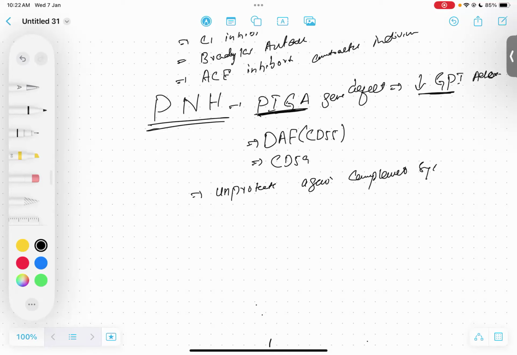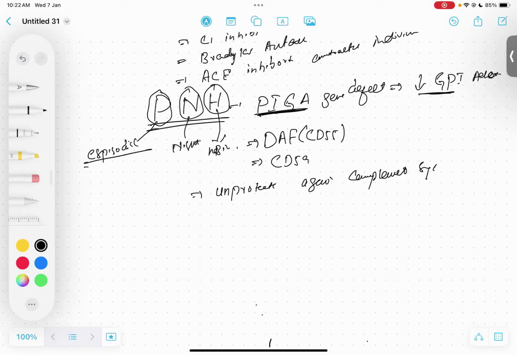So it only occurs when the complement system is activated, and I have told you that it is called paroxysmal nocturnal hemoglobinuria. Paroxysmal means episodic, nocturnal means night time, and hemoglobinuria, hemoglobin in urine.